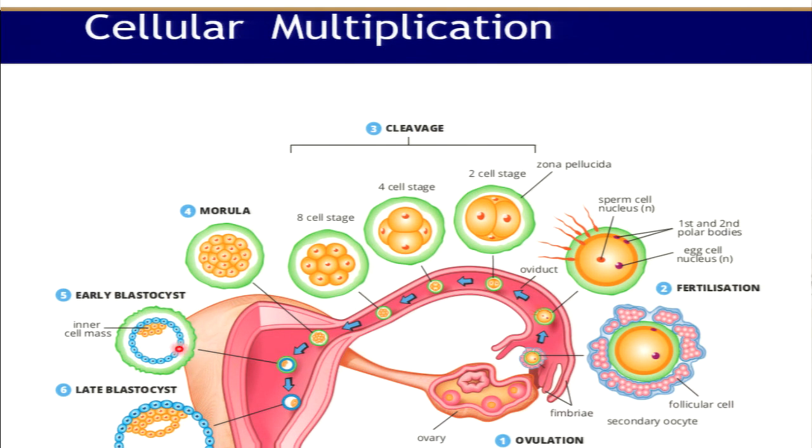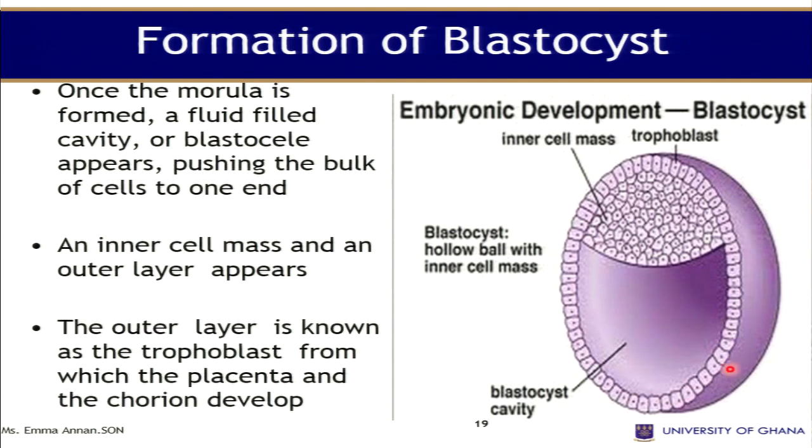And the trophoblast develops to form the placenta and the chorion. At this stage, the whole structure is called a blastocyst, and it usually reaches the uterus 3 to 4 days after fertilization. That's the fluid cavity, the blastocyst, the inner cell mass, and the trophoblast.